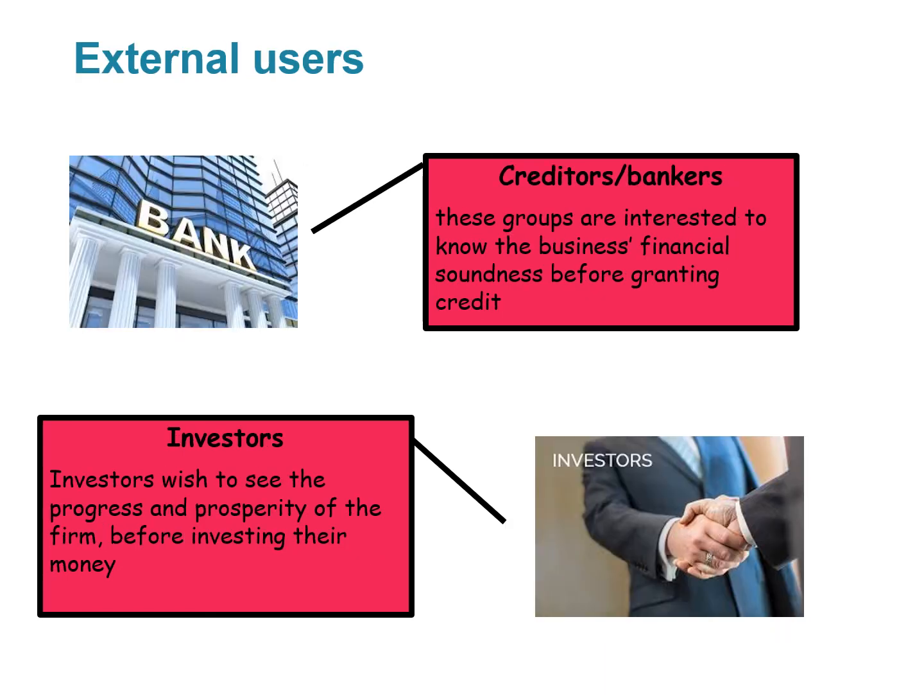Okay, creditors or bankers are one of the external users. Why do they need to know the financial information about the business? Because they are interested to know the financial stability of the business, and they want to know whether this business is able to pay the amounts owing to them or not. Besides that, we also have the potential investors.